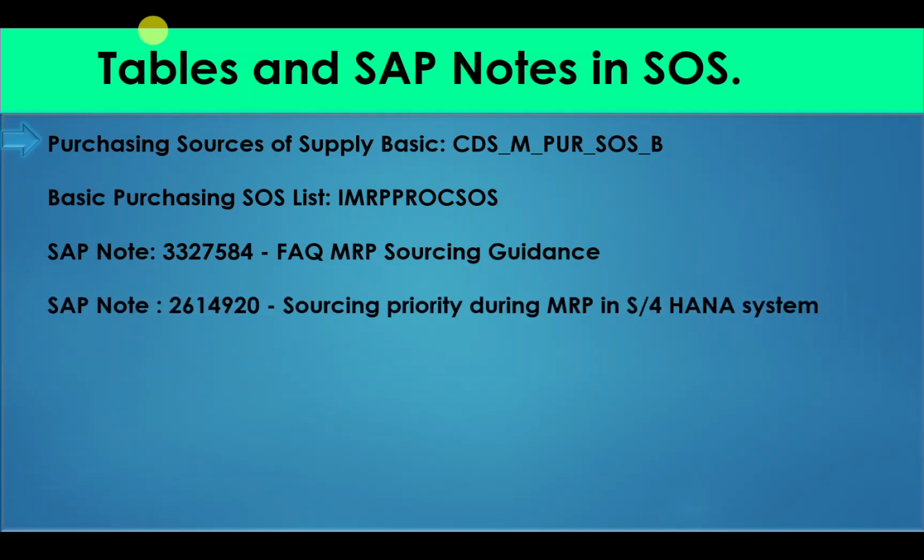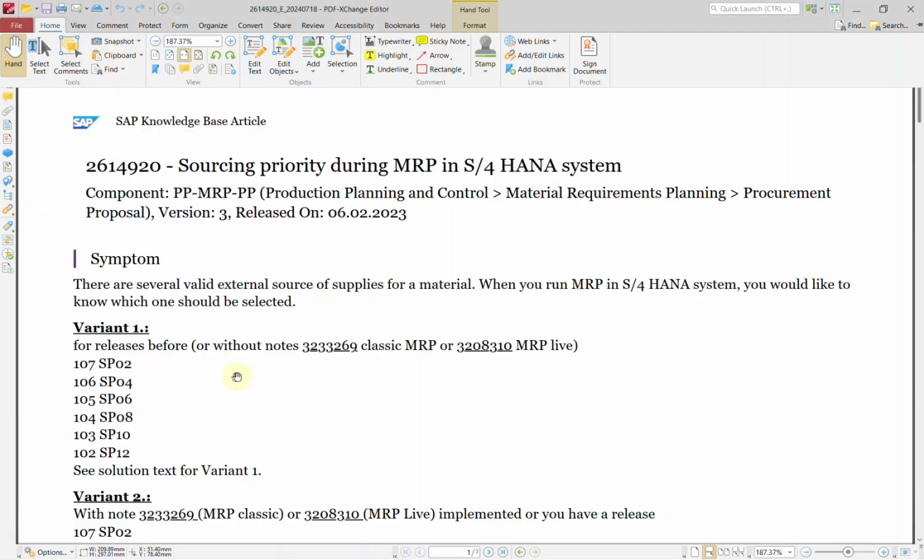Then the next important thing is this SAP note. These SAP notes are really helpful to understand in detail how the system will behave. I will put this note in the description where you can download it. This is the sourcing priorities during MRP, how the system works.